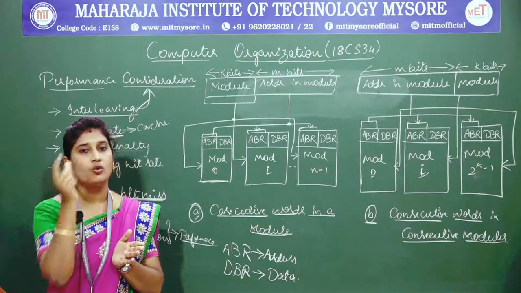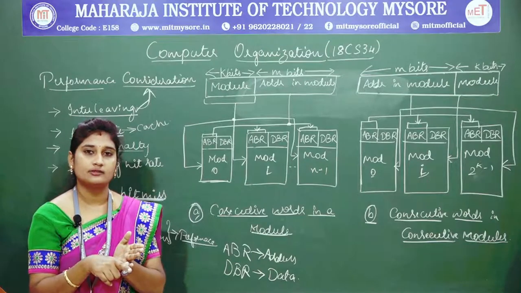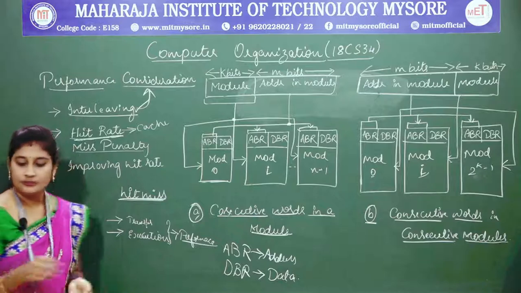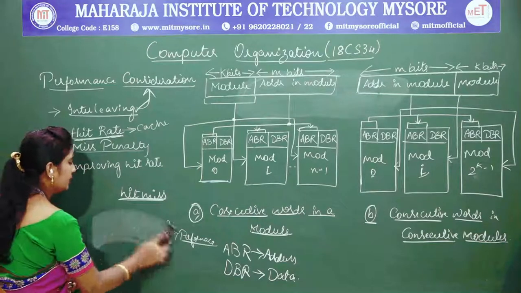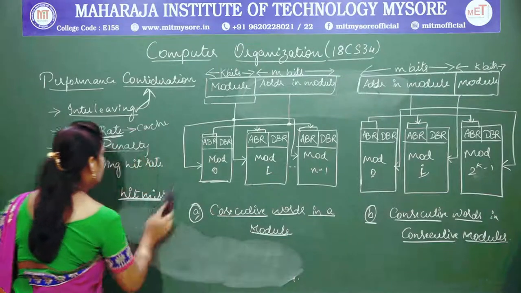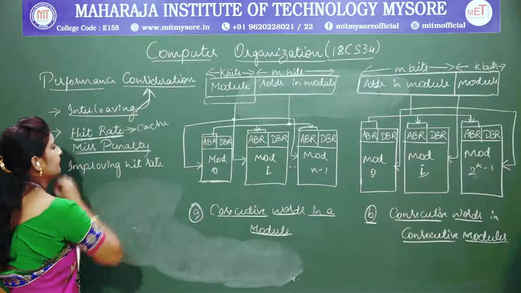So the processor needs to wait. Why? Because it needs to go and fetch from the main memory and then send back to the processor, isn't it? So that time delay, the processor waiting for the requested data, will be called the miss penalty.